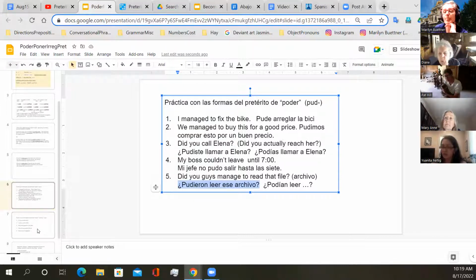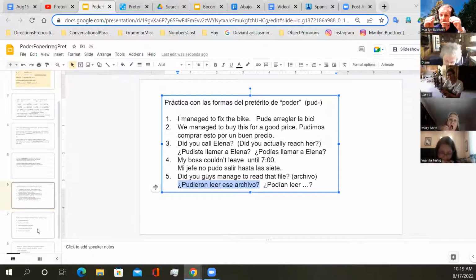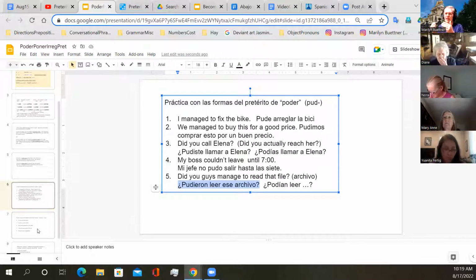Would you translate the podían leer as could you read? Meaning, did you have this with you so that you could do that? Or was it in a legible format, or was it even on hand and available? Sometimes somebody might not have that physical item right there, and therefore they couldn't do it because it wasn't physically there. That's what podían is talking about.